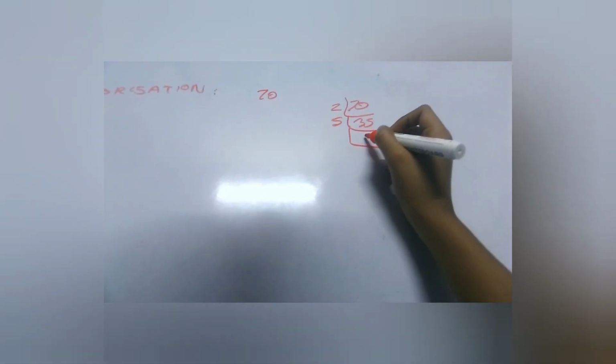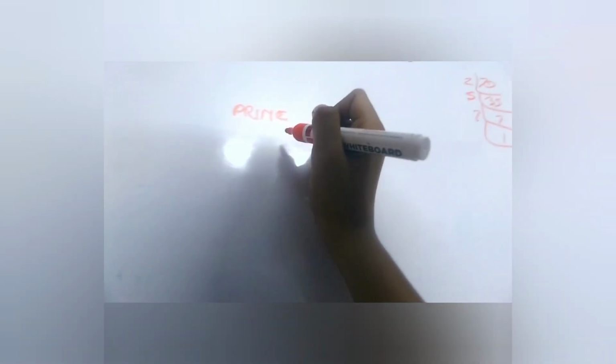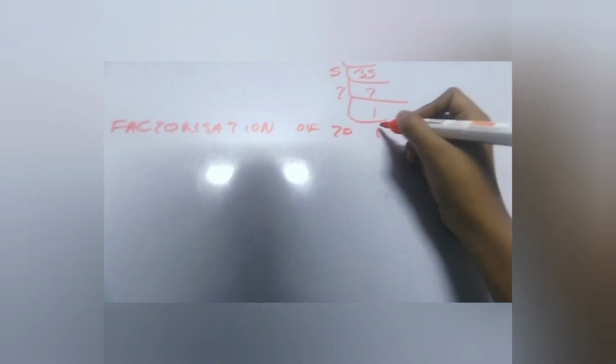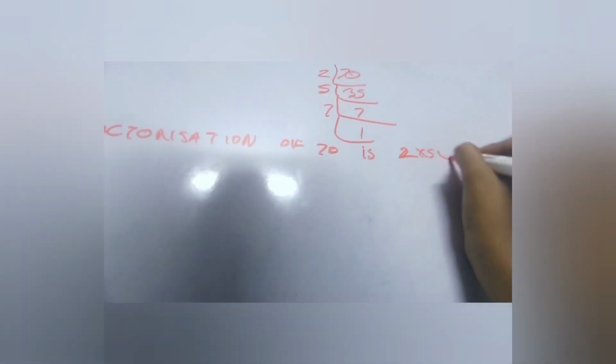2 35s are 70, then 5 sevens are 35, and 7 ones are 7. That's all. Prime factorization of 70 is 2 into 5 into 7.